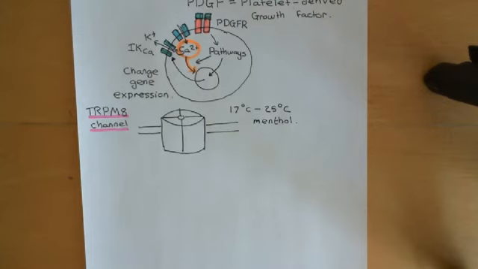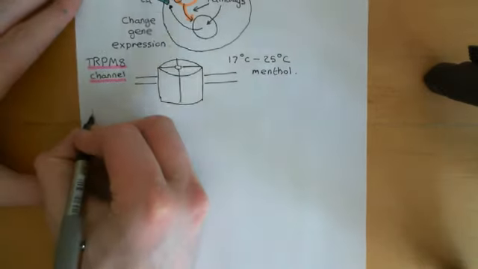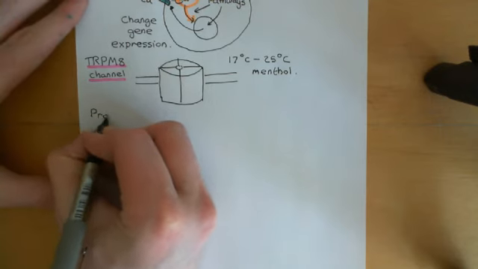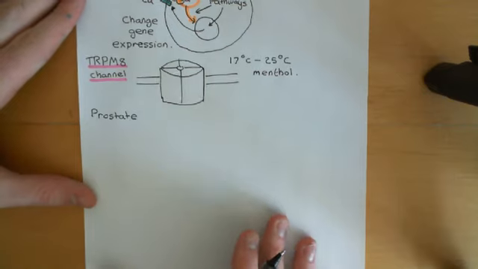TRPM8 is not just found in sensory neurons, it's got a wider expression profile than that. And there are certain examples of cancer cells where it's found to be hugely upregulated, particularly in prostate cancer. Prostate cells do usually express TRPM8.